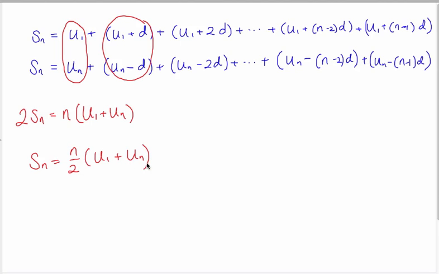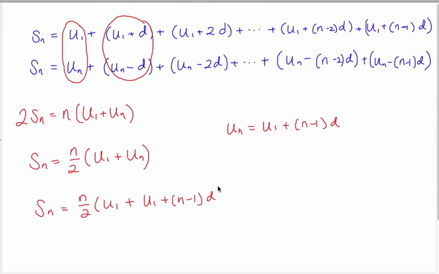And another form of this equation is, we know the sequence term, u sub n, is the first term plus n minus 1 times d. Right? So you can substitute this right side for u sub n, and get another equation. There.